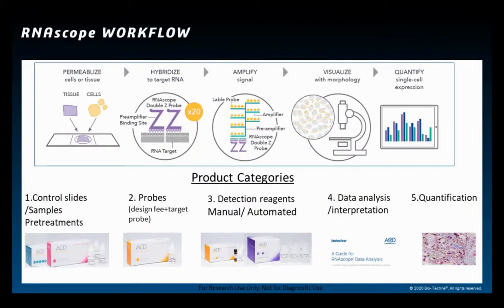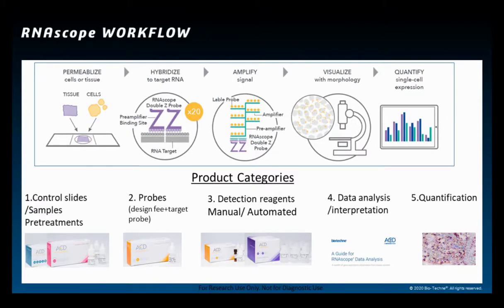Next, focusing on the core RNAscope technology workflow. The RNAscope workflow is similar to immunohistochemistry, so researchers who are familiar with tissue-based protein assays find it quite intuitive to adopt this workflow. First, we start with properly permeabilized cells or tissues with ACD's pretreatment reagents. Then we hybridize the unique probe that ACD designed to the target RNA of interest.